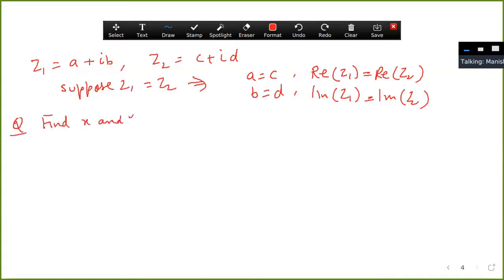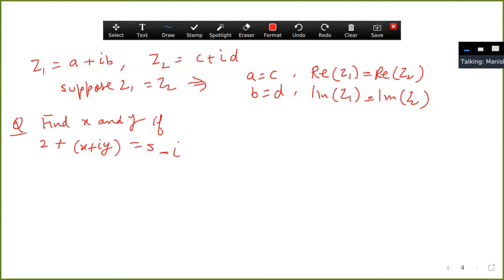What is given? 2 plus x plus iota y is equal to 5 minus iota. If the two complex numbers given are equal, then you have to find the value of x and y.